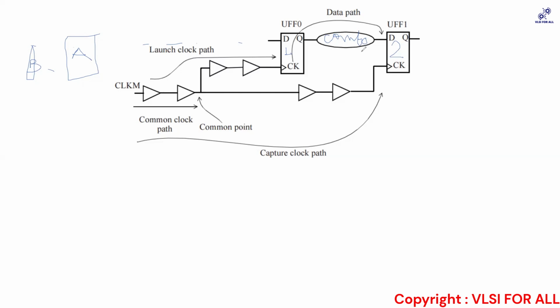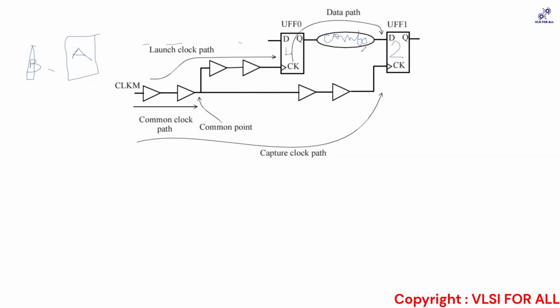These are all combo logic cells. The total delay contributed by the logic gates between the output of flip-flop 1 and the input of flip-flop 2 is nothing but your combinational logic delay. These terms will be very useful going ahead, because I have seen a lot of people mess up with such small terms.